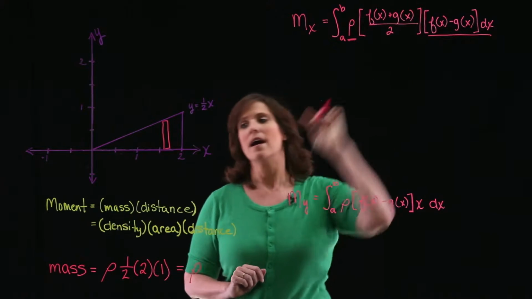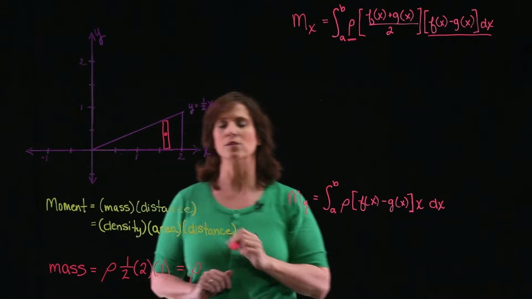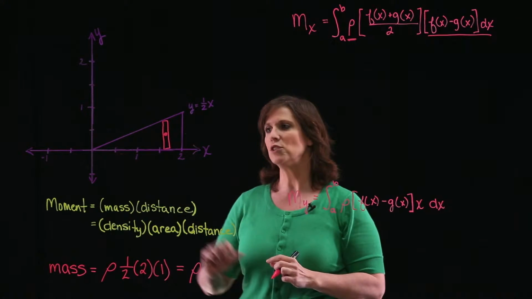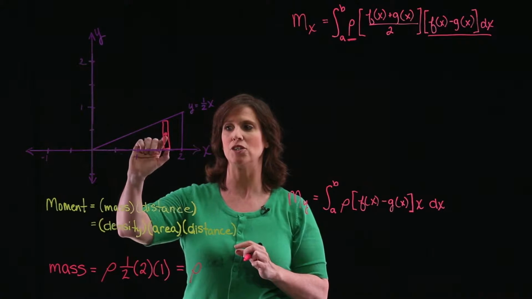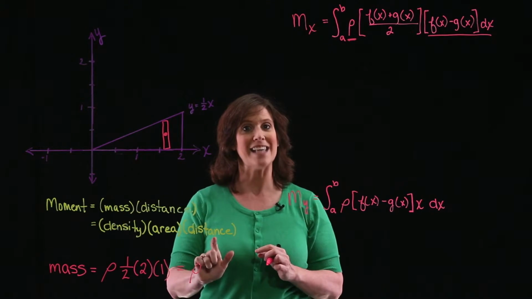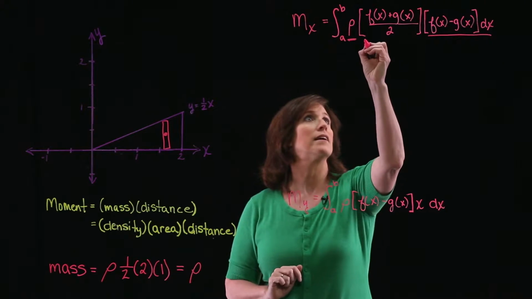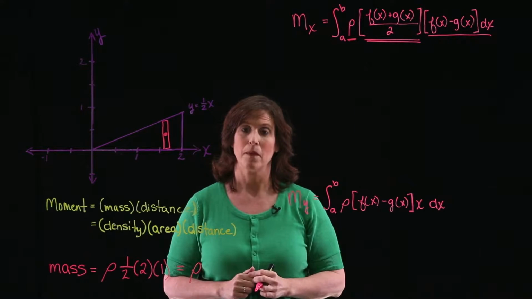For the last part, I'm going to assume my mass point is right in the center of this. So if I take f of x and add g of x to it and divide by 2, I'll get the directed distance from the x-axis, which is exactly what I need to calculate the moment. So that's where that part of the formula came from.